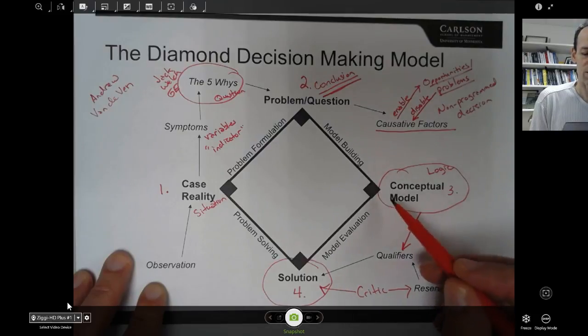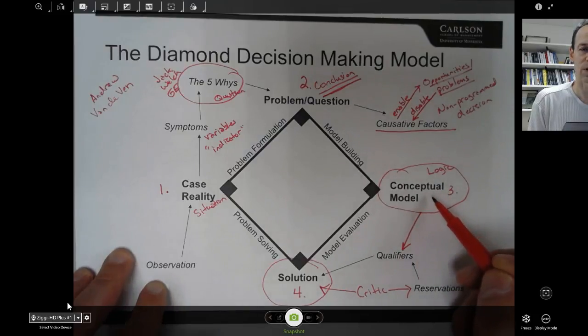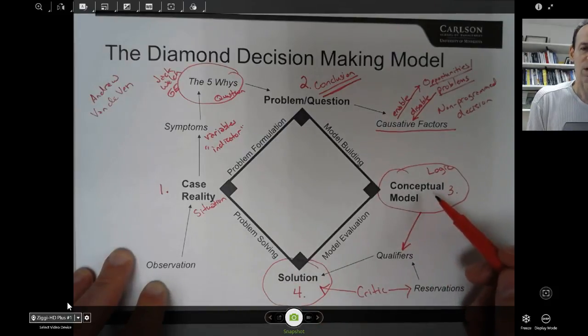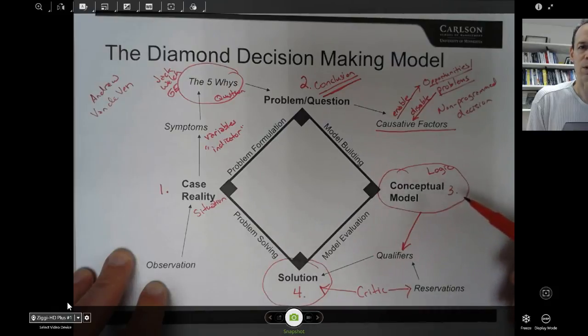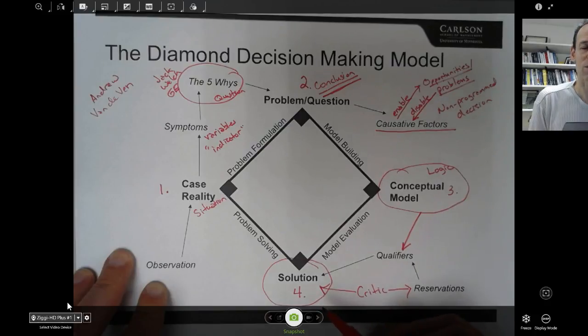Now, something important to think about is that from the conceptual model to the solution, it's not that we would replicate the conceptual model in the solution, but there might be certain core logic and variables from the conceptual model that will help us to improve upon the logic and conclusions of the variables that we will need to support our solution.